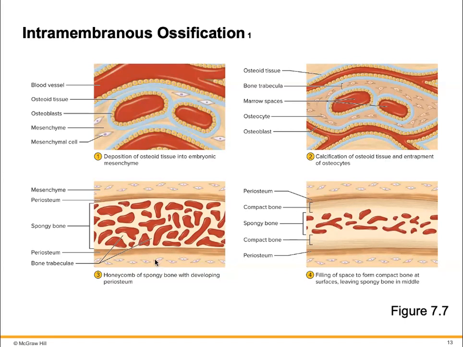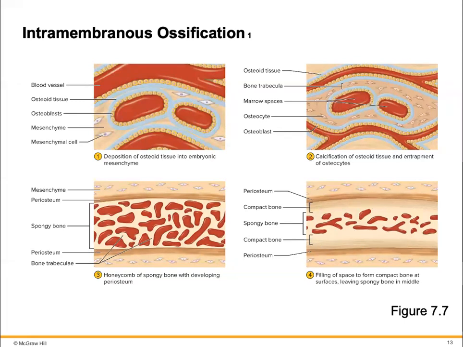So the periosteum, as it keeps secreting its own layer of osteoblasts, develops into the compact bone on either end. And in the middle area where the initial blood vessels got trapped by the developing osteoblasts and the trabeculae were hardening, you get your marrow spaces. And that is what leads to our flat bone development.